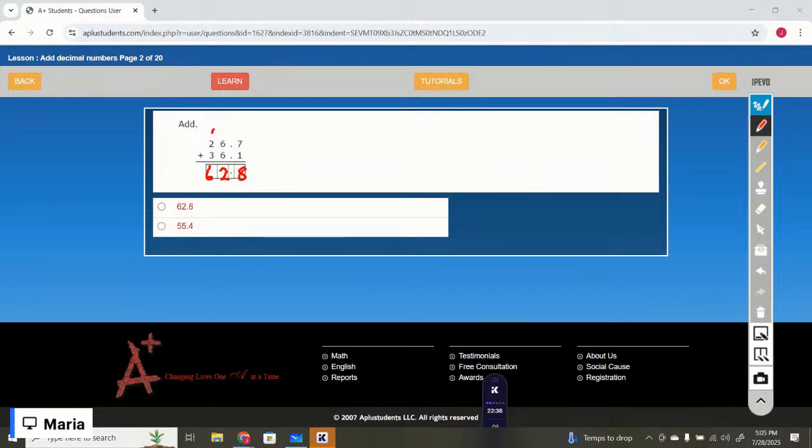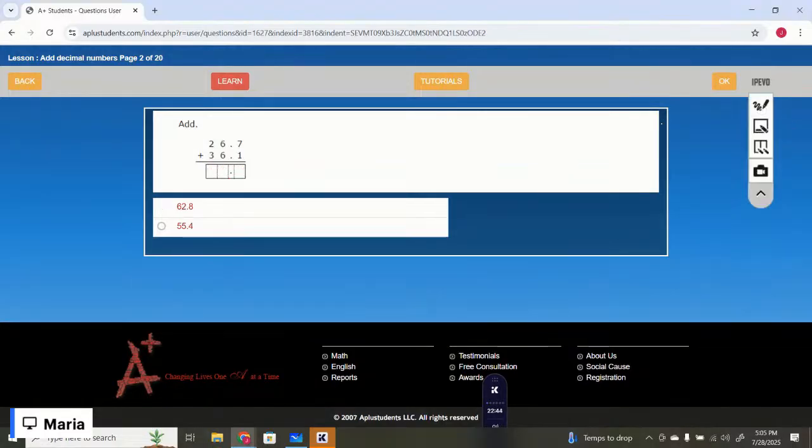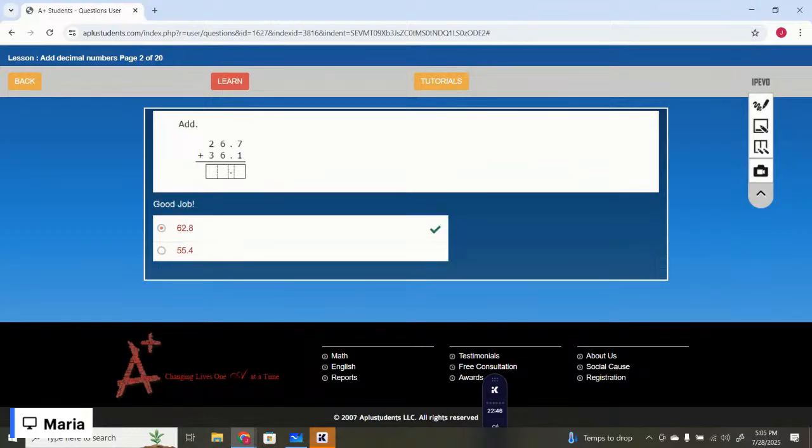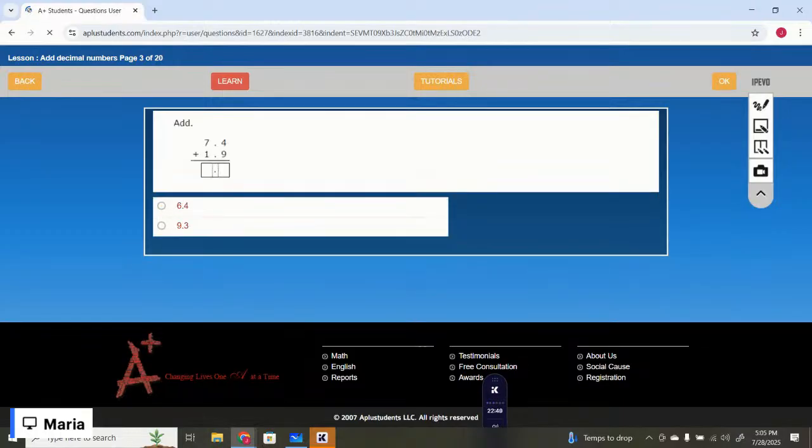Option number 1 is the correct option. 7.4 plus 1.9. That is 9.3. Option number 2 is the correct option.